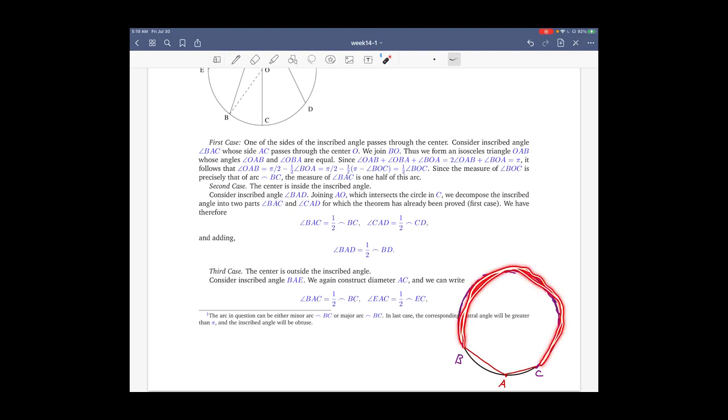It's this one that doesn't contain point A. And indeed, the statement makes sense because the inscribed angle is half the arc subtended. In our picture, the angle is obtuse, it's more than 90 degrees, so the arc must be more than 180 degrees. And it's clear from the picture that indeed that arc is greater than half the circle.